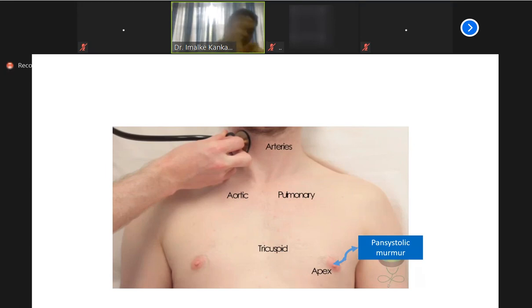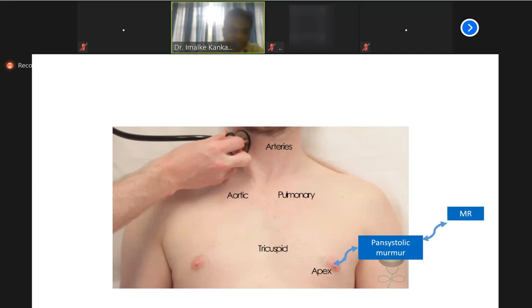Now don't look at PubMed and Google and say how many ejection systolic murmurs you can hear at the apex. I am telling you to get through this exam, not to become a cardiologist, right? In your exam, if you hear a murmur best heard at the apex, that has to be a pansystolic murmur, which is, unless proven otherwise, mitral regurgitation.